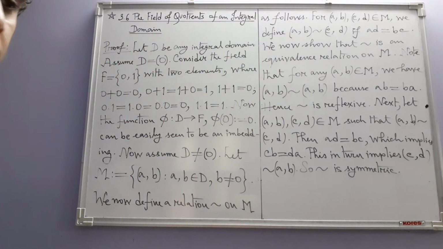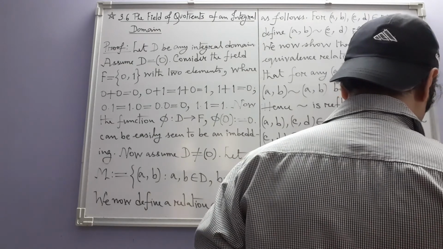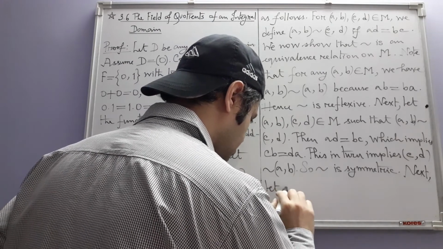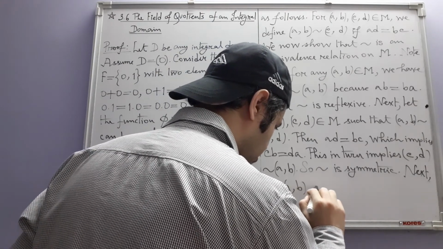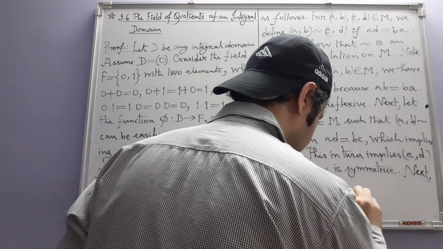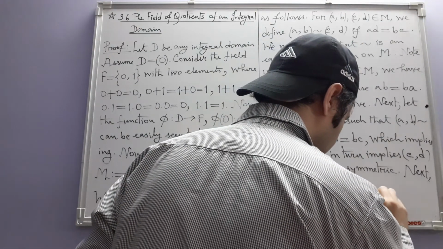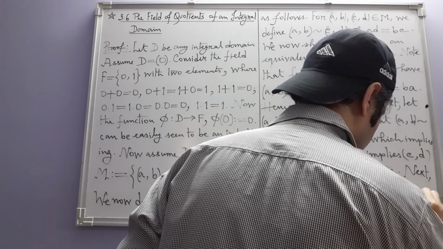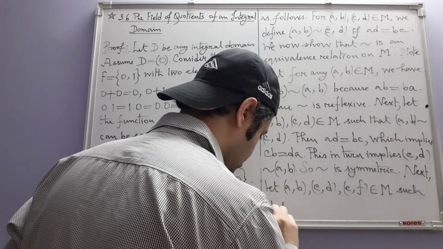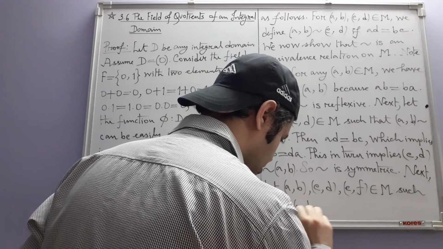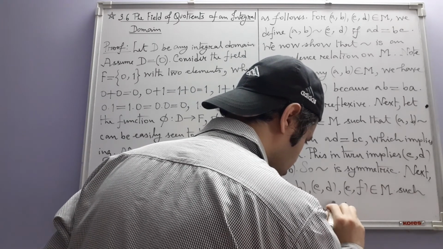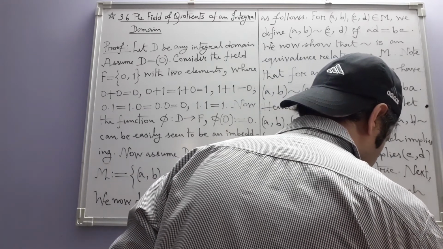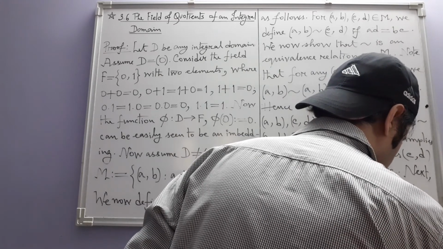So what's left is transitivity. Next, let (A, B), (C, D) and (E, F) belong to M such that (A, B) is related to (C, D), and this is related to (E, F).